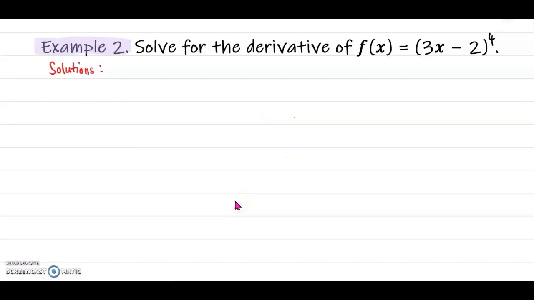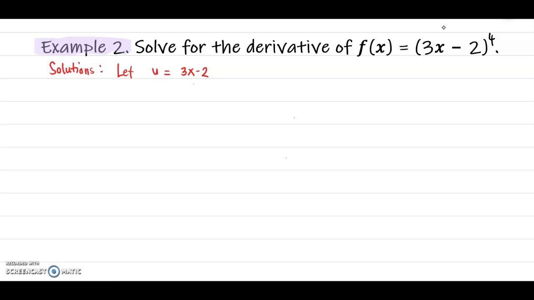Let's have our second example. Solve for the derivative of f(x) = (3x - 2)^4. Solution: first, identify your inner function, which is 3x - 2. Let that be u, so u = 3x - 2.